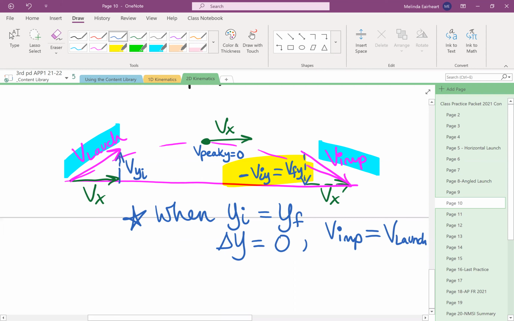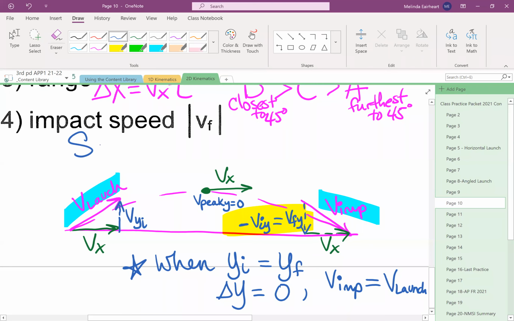And on this problem, since they all started with v, they all end at v. Yeah, different angles, but they're all equal. v, right? That's what was given.